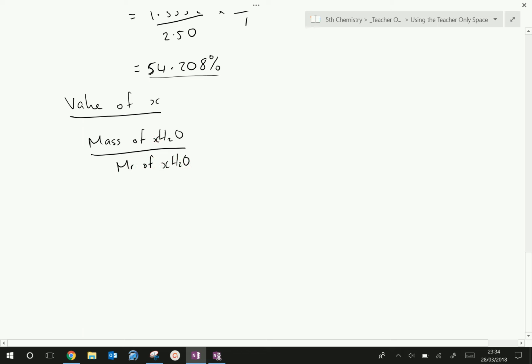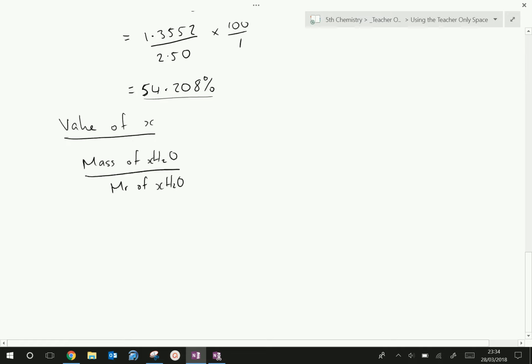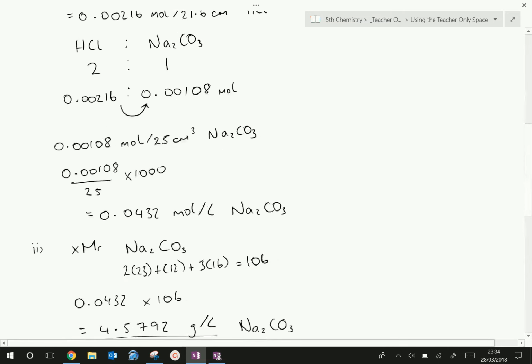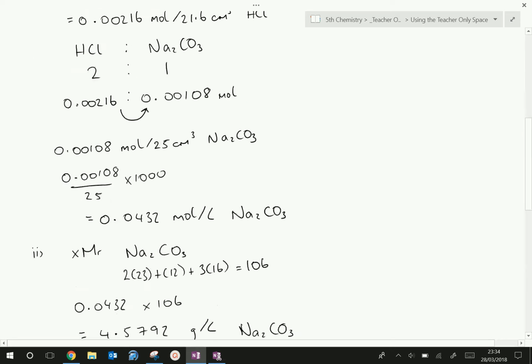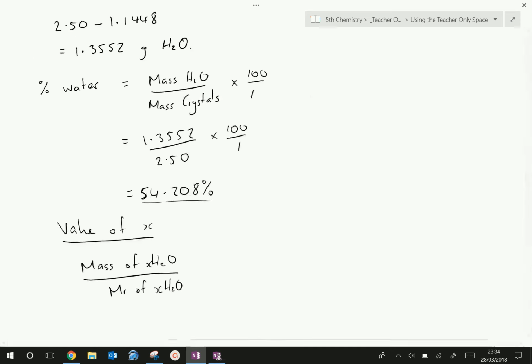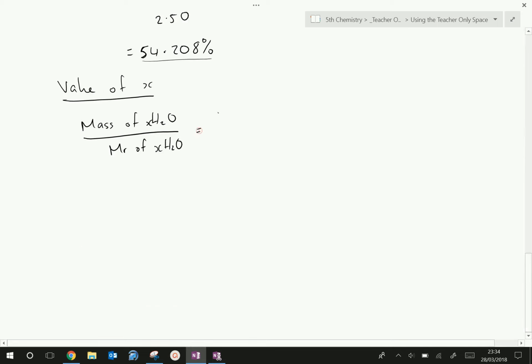I'm just putting an X on front because there's an X on front in the molecular formula for the crystals there. Because I don't know how many water molecules I have. That's what I'm trying to find. And that's equal to the mass of sodium carbonate over the molecular mass of sodium carbonate.